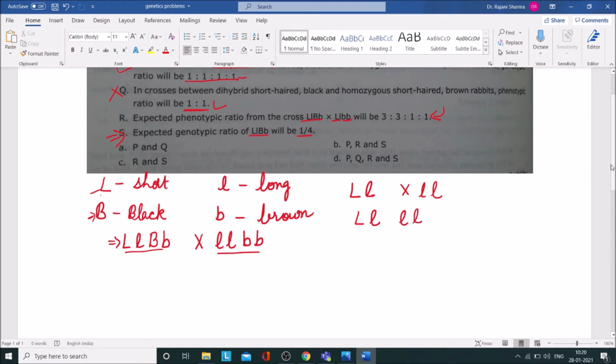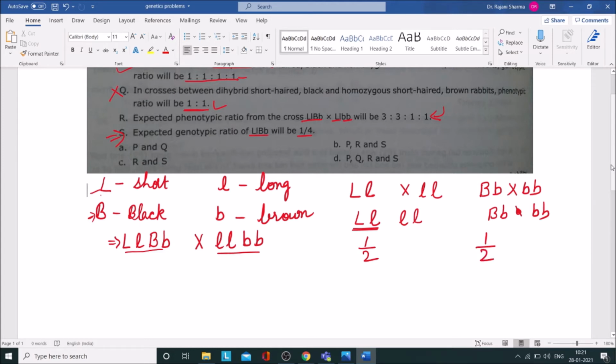So definitely the probability of getting capital L small l is half. Similarly, the probability of getting heterozygous for the color of the hair when crossed with the recessive one will give the similar result as the length of the hair. So it will also be 1/2.